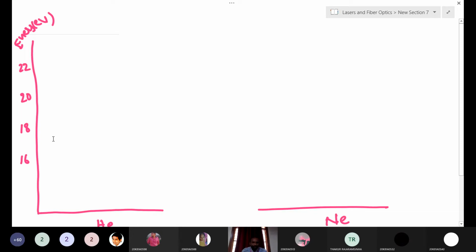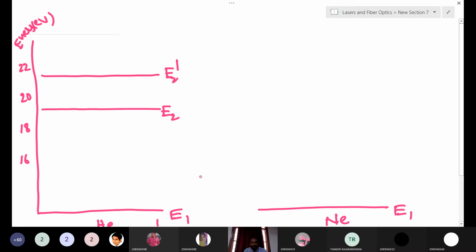These are electron volts. The helium energy levels are at about 19 and 21. This is the ground state energy E1, and here also you can mention the ground state energy E1. Take E2 and E2 dash.